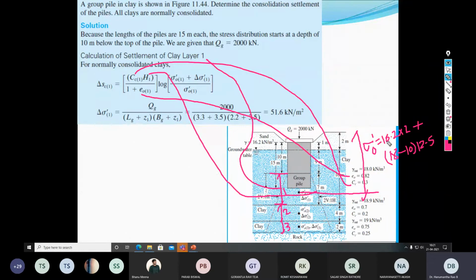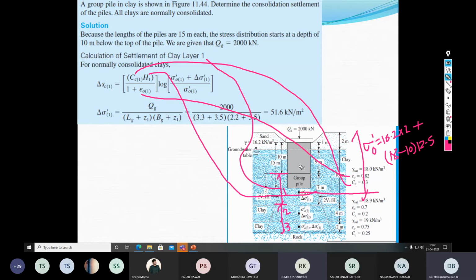So everyone, please try to understand, there should not be any confusion or mistake in the calculation. Sigma naught means initial effective overburden pressure at the middle of layer number 1. Initial means before construction of the pile group, and delta sigma means increase in effective overburden pressure after construction of the pile. Sir, we have to take the whole 2 meter, not the 1 meter length of the sand layer?